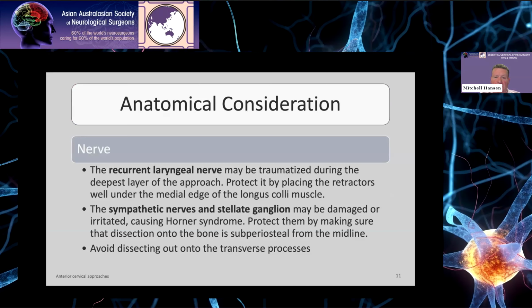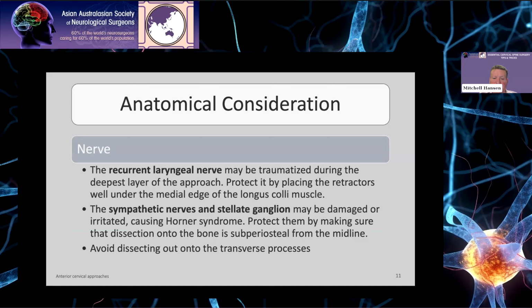This I generally do for 2 or more level surgery, where there's a lot more retraction, and often find that some of the air in the cuff needs to be released, and this helps, I think, reduce the rate of recurrent laryngeal nerve palsy.